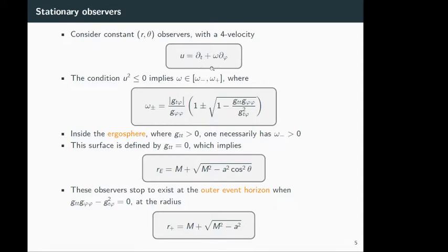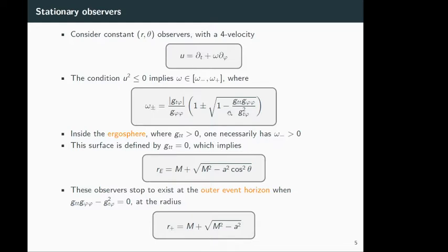If you ask for this observer to be time-like, so you want the norm squared to be negative, you basically need to impose some bounds on this function omega. And for the Kerr spacetime, you can see there's a certain surface called the ergosphere, or the static limit, where the time-like Killing vector becomes space-like. So the time generator dt becomes space-like.